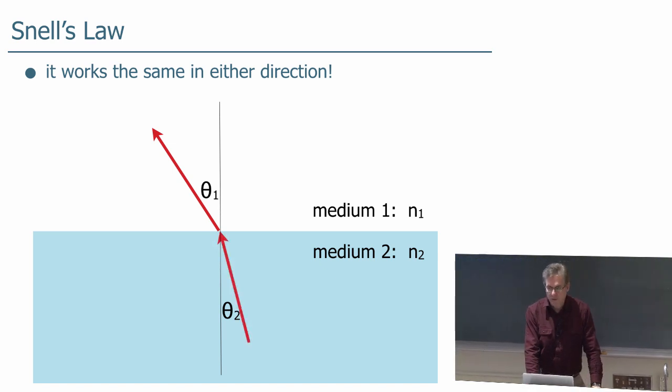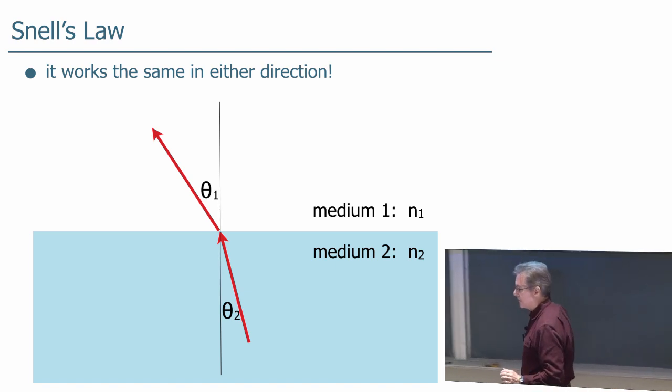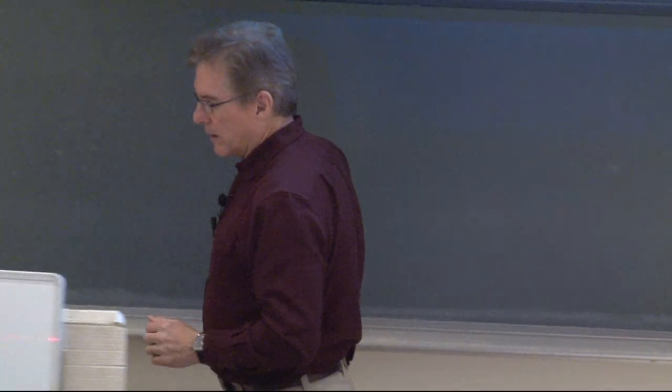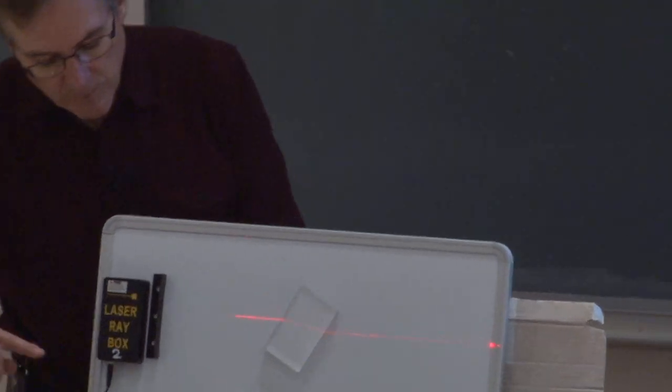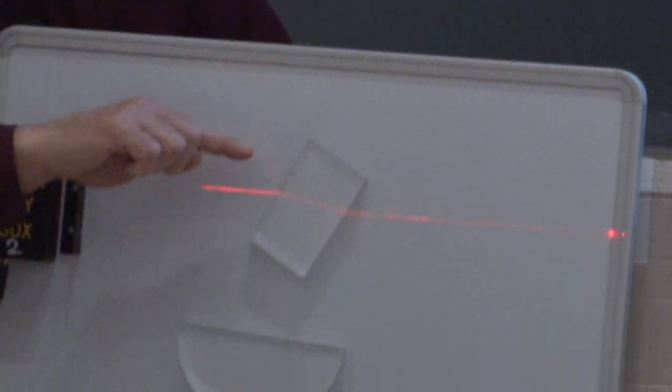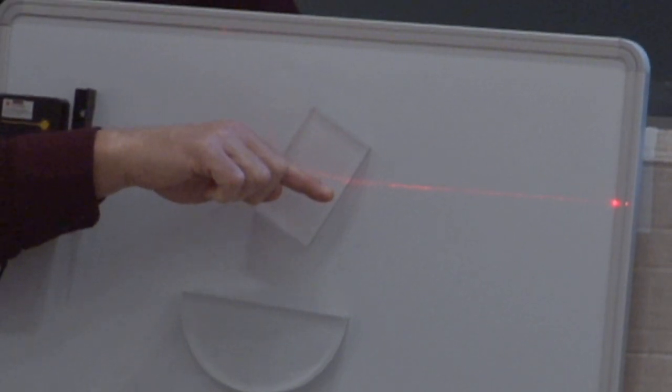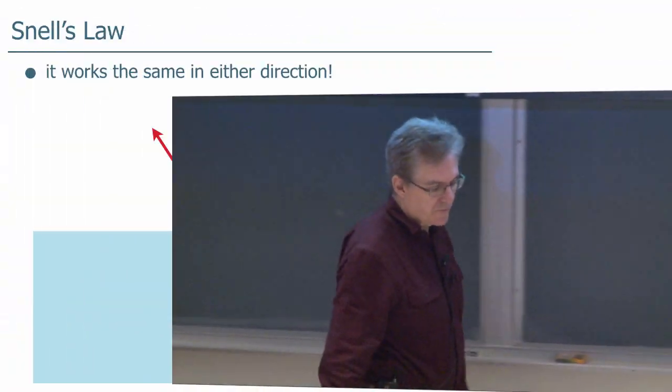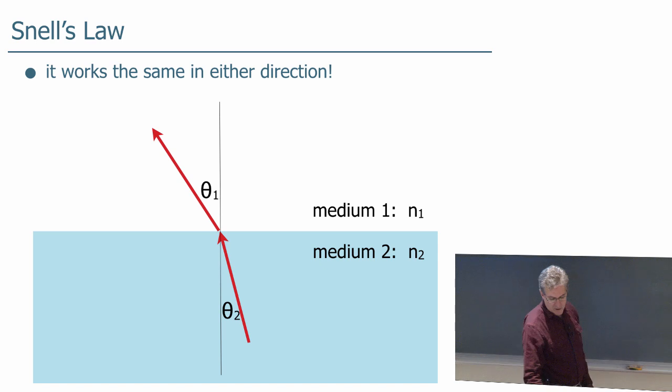Now, one interesting thing is it works in either direction, right? And that's kind of what you see here, that the beam going in is bent by a certain amount, and then it's unbent by the same amount when it comes out, because those two surfaces are parallel to each other.